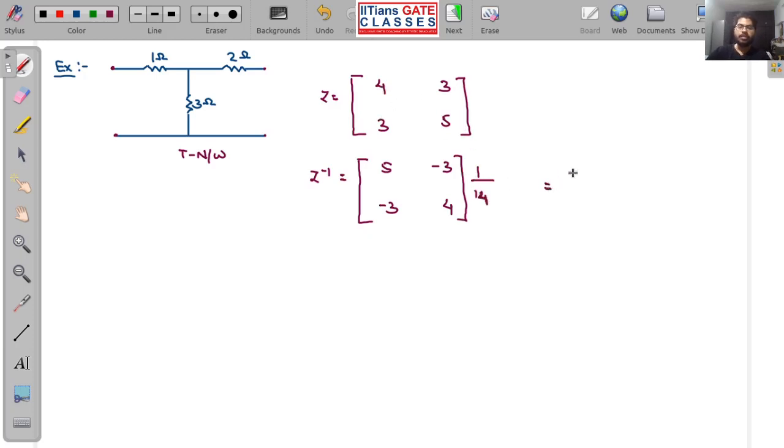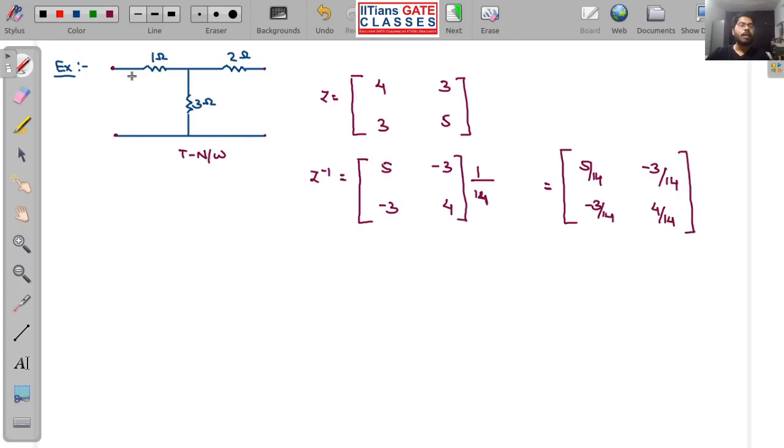So my Z inverse matrix, or Y matrix, I can say, is 5 by 14, minus 3 by 14, minus 3 by 14 and 4 by 14. Fine.